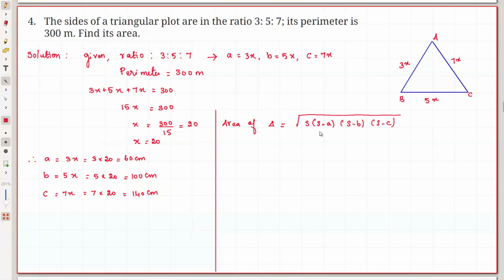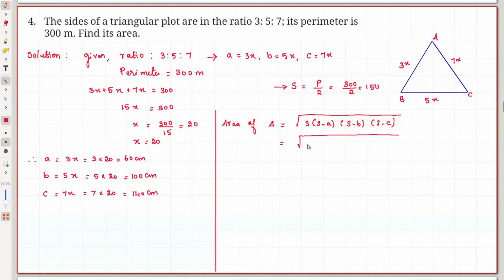So first of all, I have to find out S value. Here the perimeter is given, so I can just take S equal to perimeter by 2. So 300 divided by 2 is 150. Now S is equal to 150. Substitute in the formula.